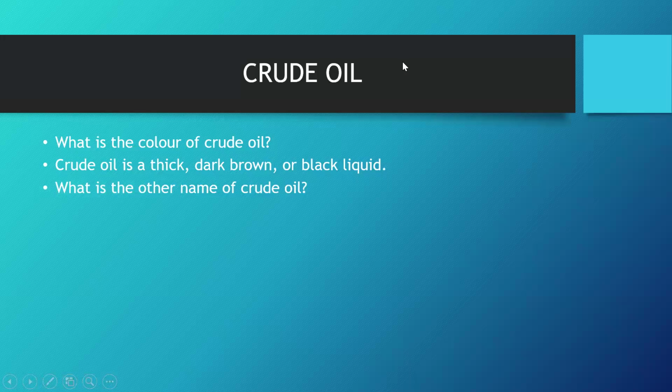Okay, I'm seeing some answers here: rock oil, fossil fuel, petroleum oil, petroleum. Okay, so the other name of crude oil is petroleum. I know most people confuse petrol with petroleum, but those are two different things. Petroleum is where we get petrol from, so they are totally different. So the other name for crude oil is petroleum as well. Thank you for your contributions, all of you.